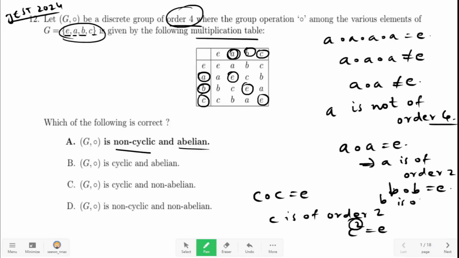Now identity can also never be of order 4. Therefore, we say that this group is not cyclic, because for the group to be cyclic, at least one element has to be of the order of the group, which is 4 in this case, but none of the elements have order equal to 4.